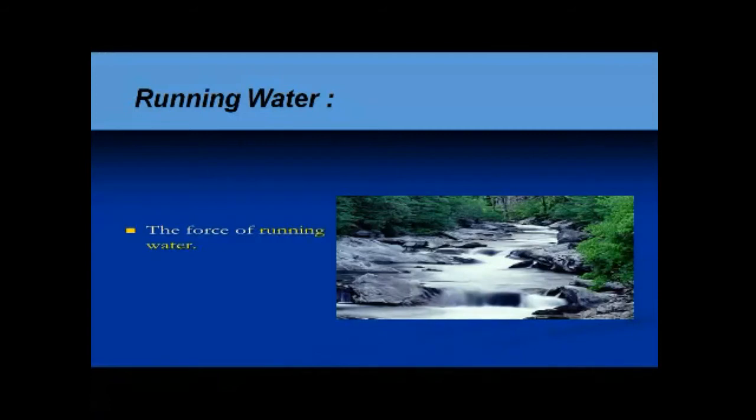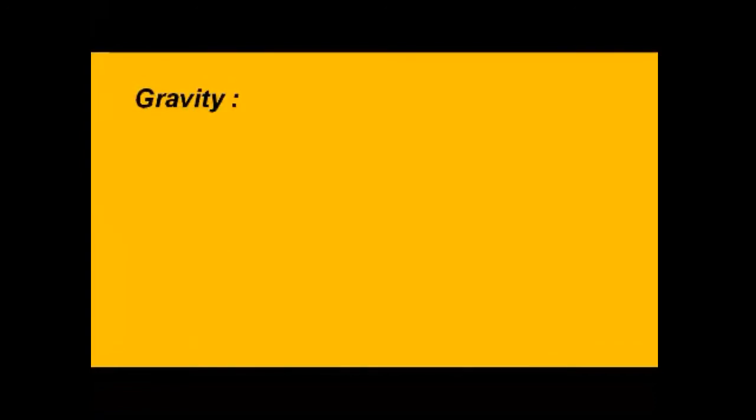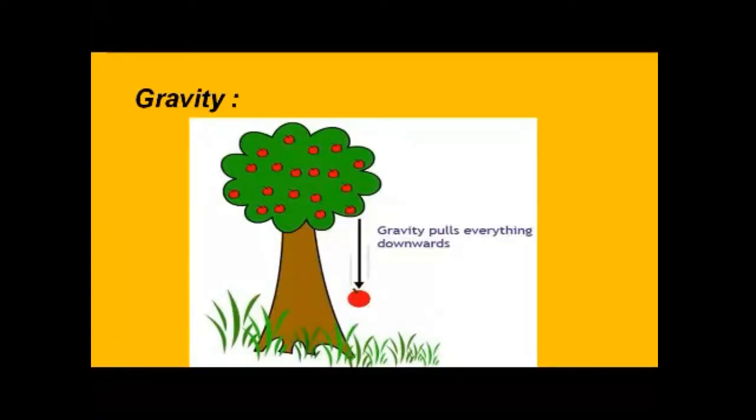By running water, we can produce electricity. Now I am going to move on to the next type. The next type is gravity. So students, do you know about gravity? What is it? Okay, gravity is a kind of force. Gravity is an attractional force.